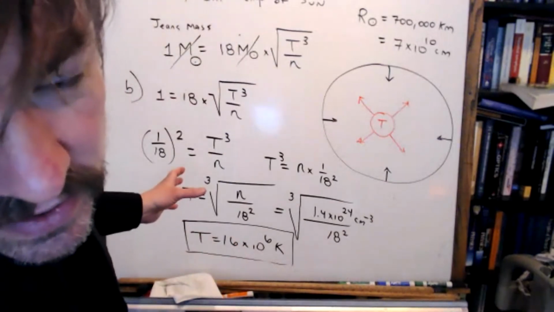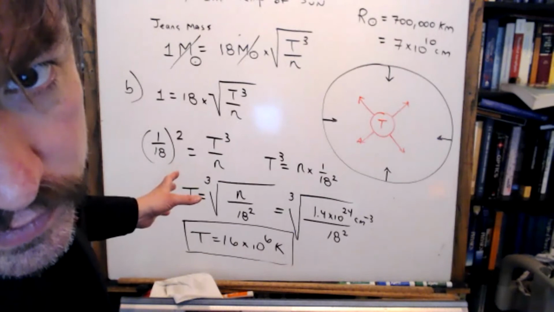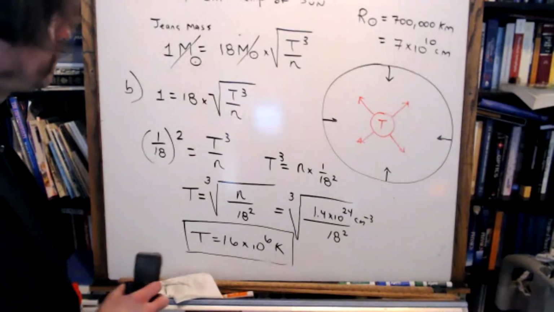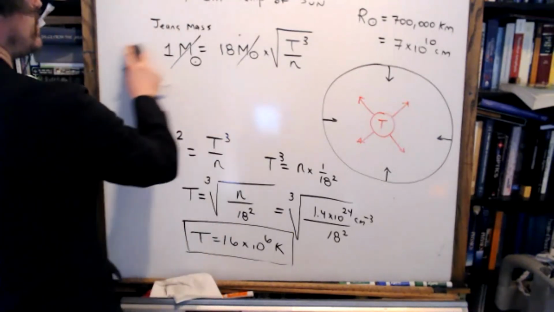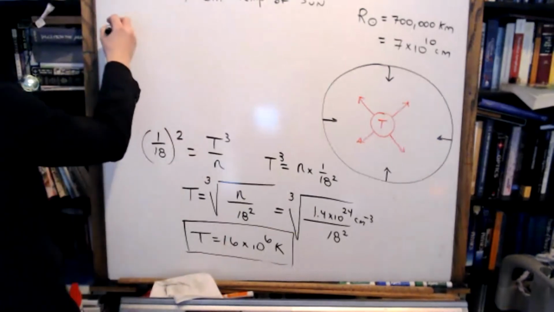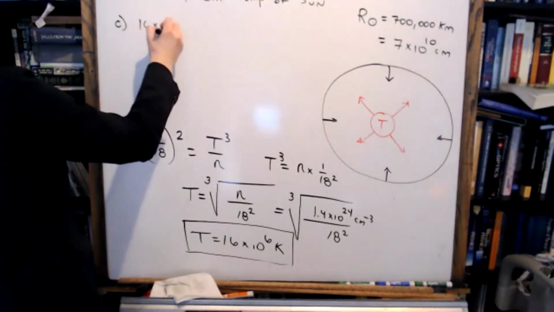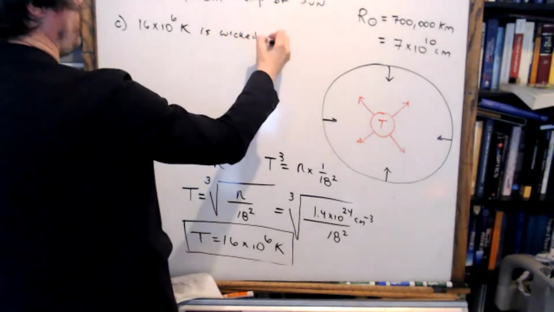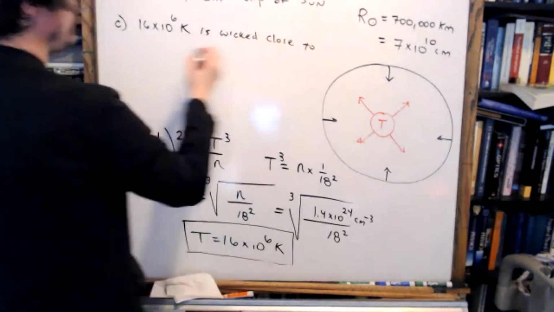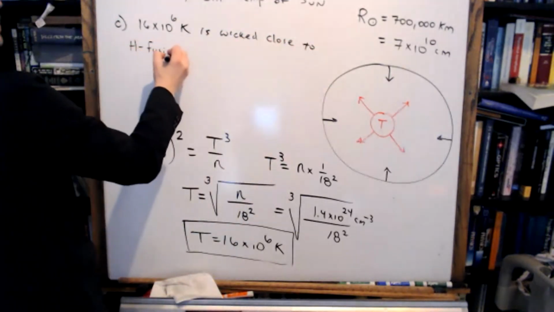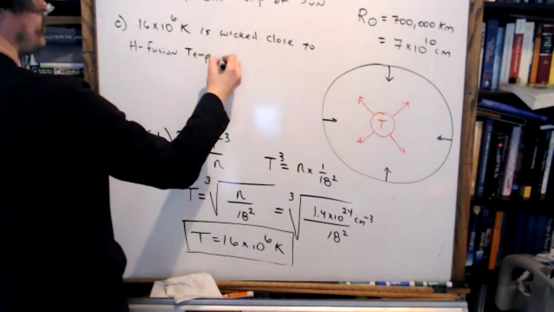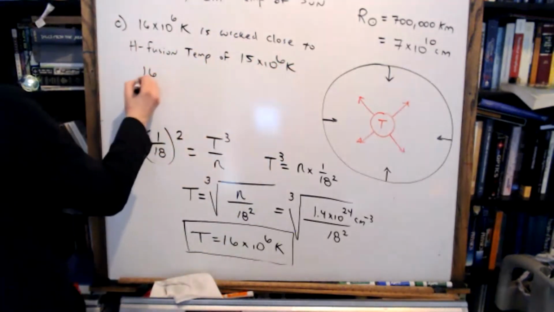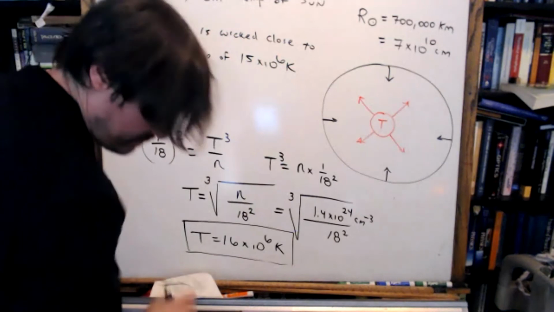Was there a part C, Tegan, or not? I think so. It says, how does your estimate compare with the internal core temperature of the sun? Okay, so let's write this down. For part C, say 16 million Kelvin is wicked close to the hydrogen fusion temperature of 15 million Kelvin, the core of the sun. 16/15ths.